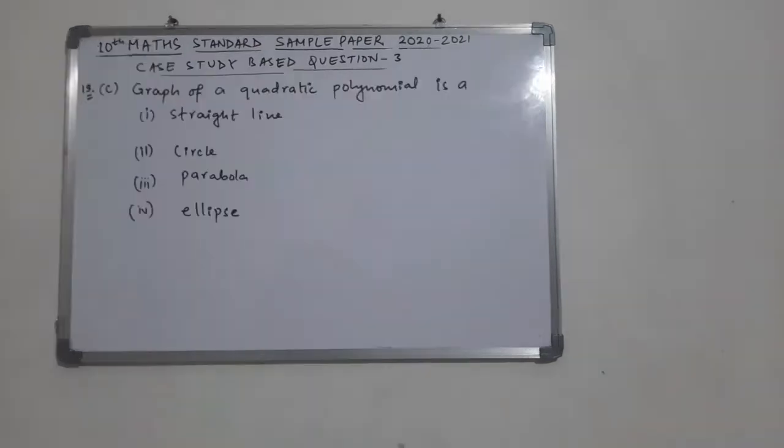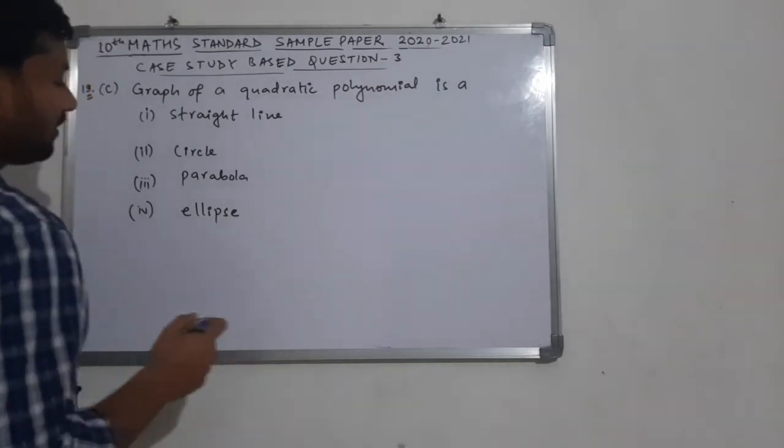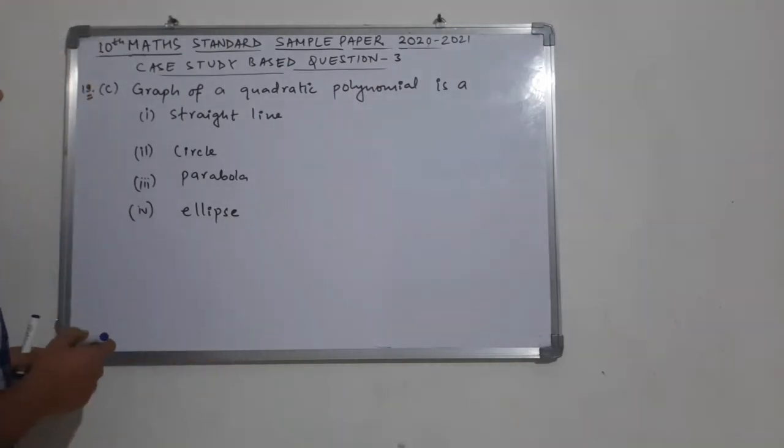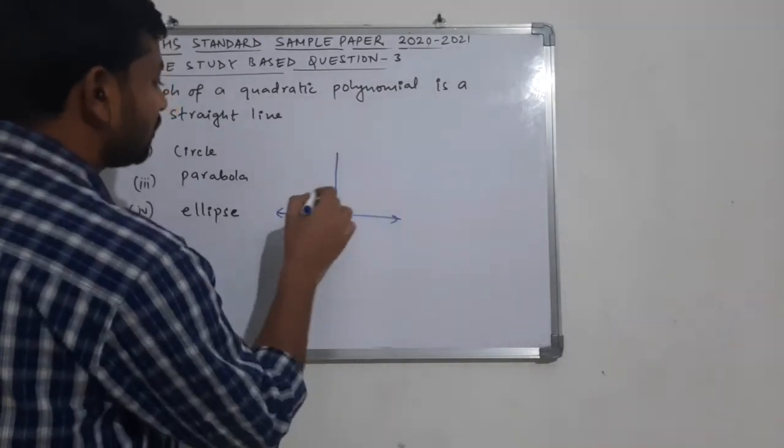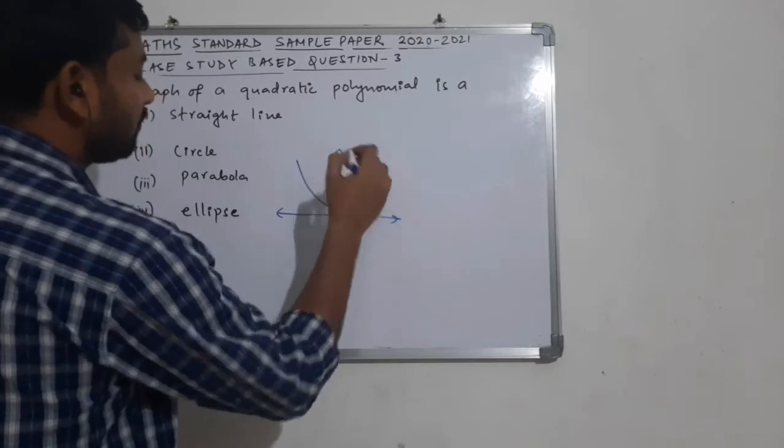So let us come to the C part of this question number 19. The graph of the quadratic polynomial is: first option straight line, second circle, third parabola, and fourth ellipse.